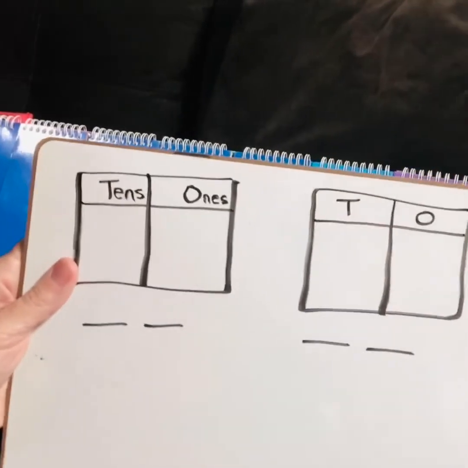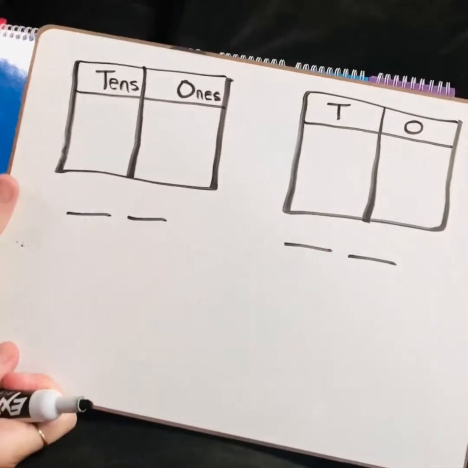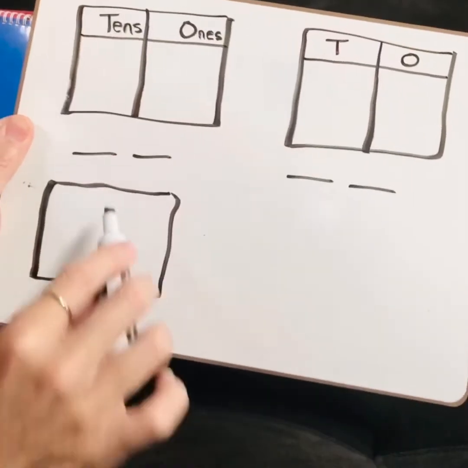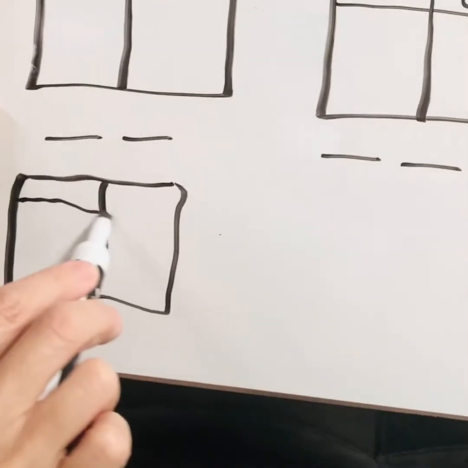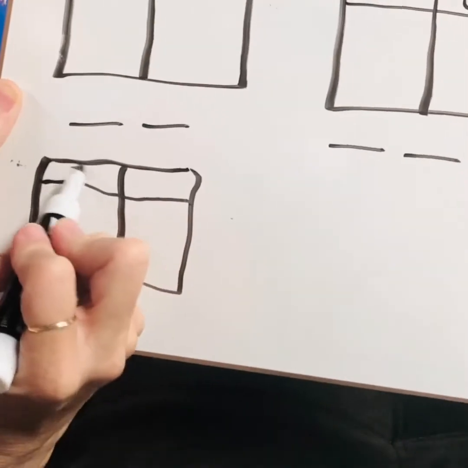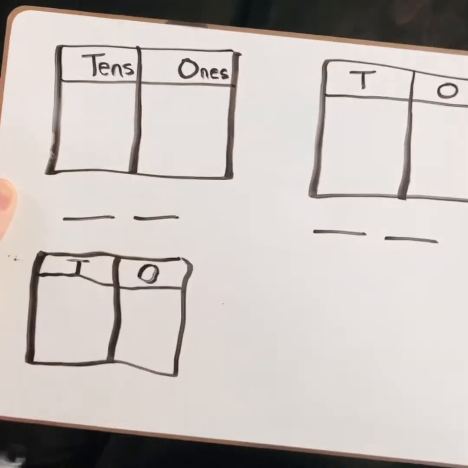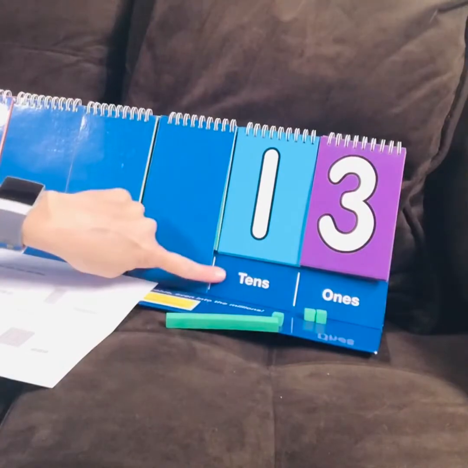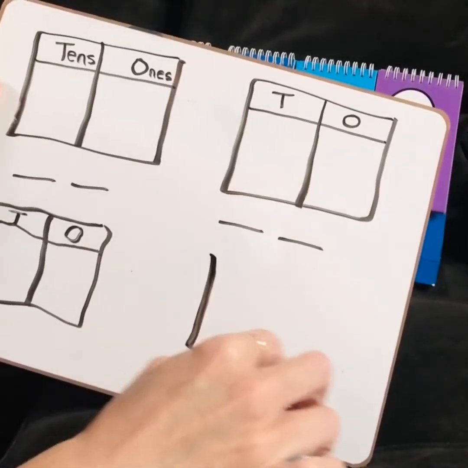So this is how we're going to do it. All Mrs. Gadsden did was draw some rectangles. A line down the center, a line across, and I put a T for tens and an O for ones. Just like our ones and our tens column over here. T for tens, O for ones. Then do another box.